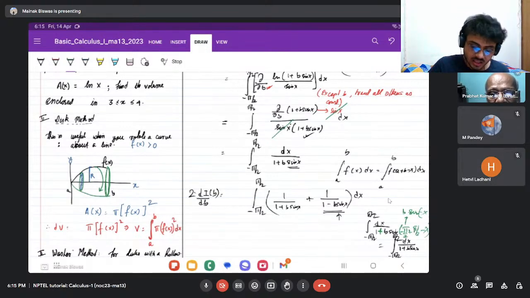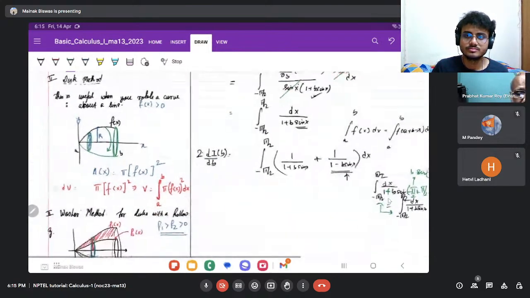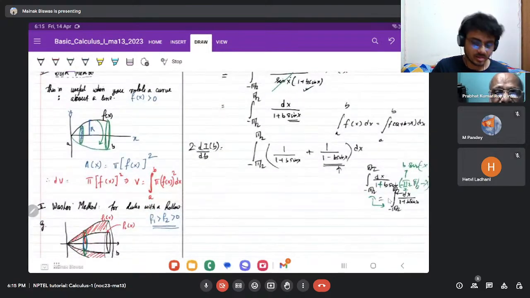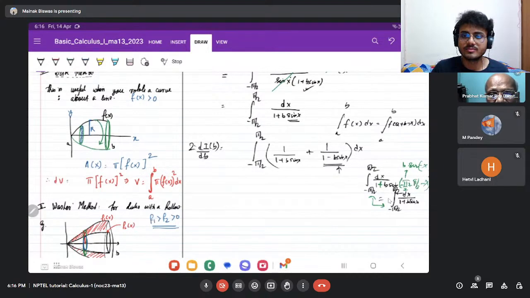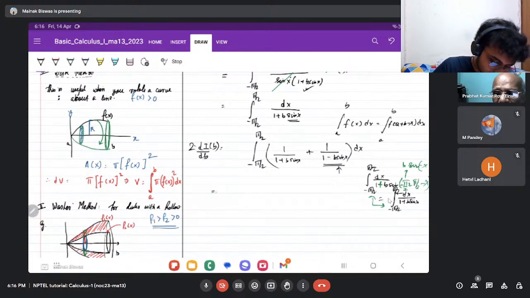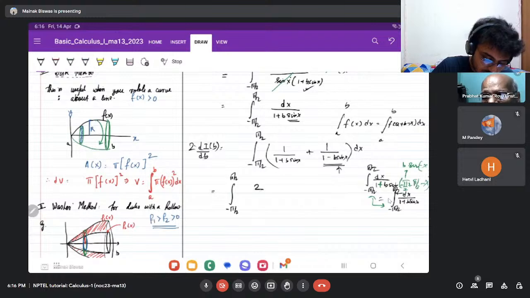So I added these two together. I hope it is clear. So if we add these two, in the numerator you will be having 2, right?